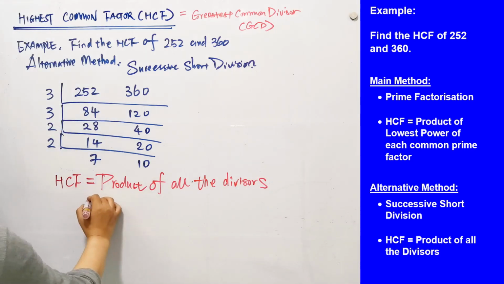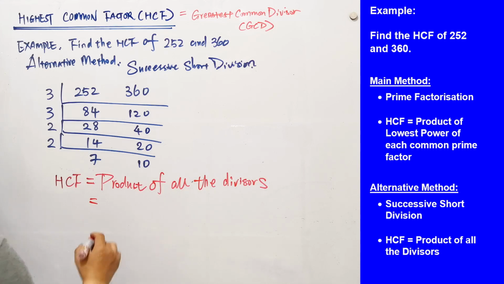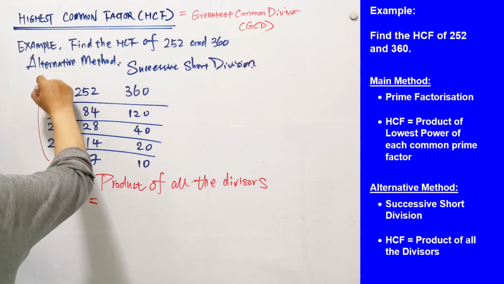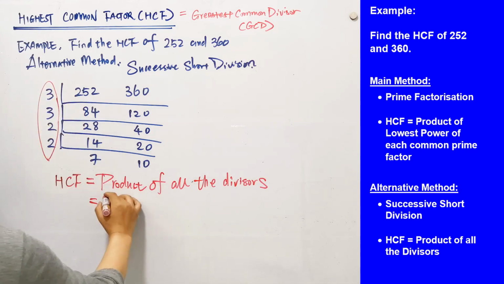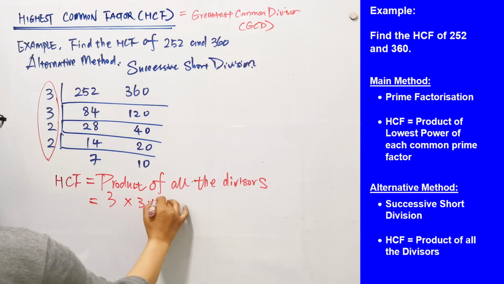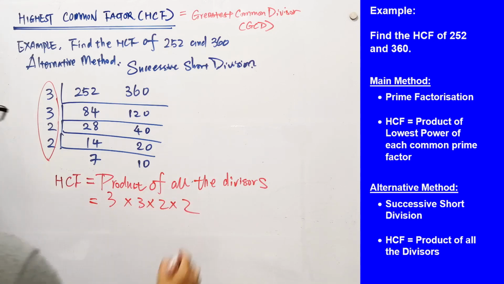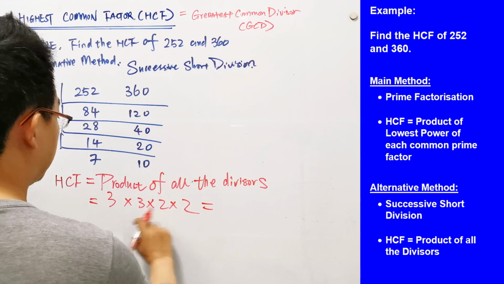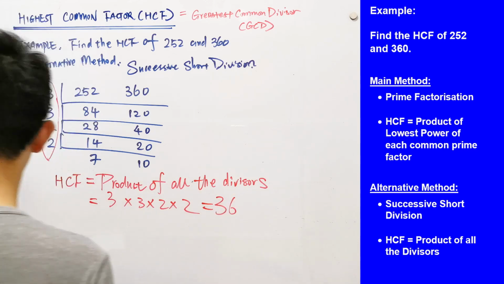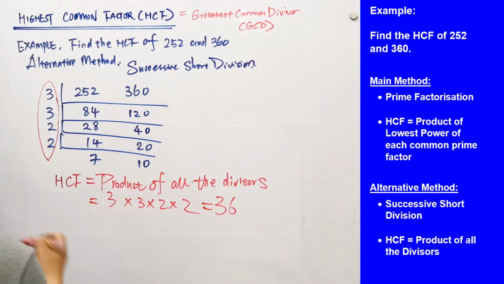Okay, in this case, what is the HCF, the highest common factor? We just multiply all these together, right? 3 times 3 times 2 times 2. Then we get the answer: 9 times 4, 36. Right, okay, we got the same answer, right? Okay, very good.